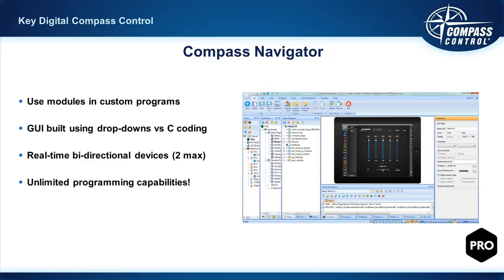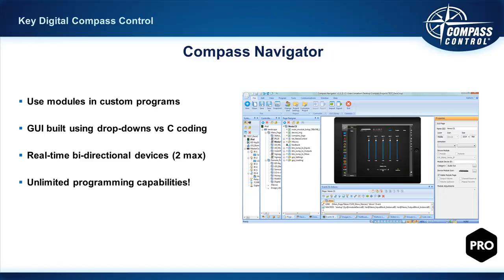So what else does Compass Navigator offer for those programming pros that really want to get deep into this? Yes, they like modules and there's great bidirectional feedback there. Well, you could actually use those modules in custom projects because that's going to save a lot of work. Okay, that's one thing. Our GUI, when you build your own custom pages, it's built using drop downs.